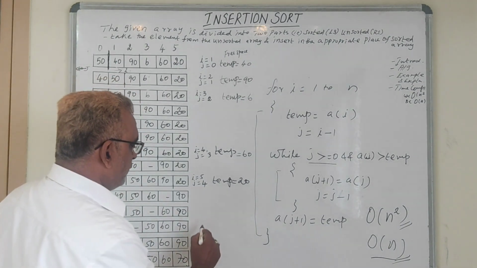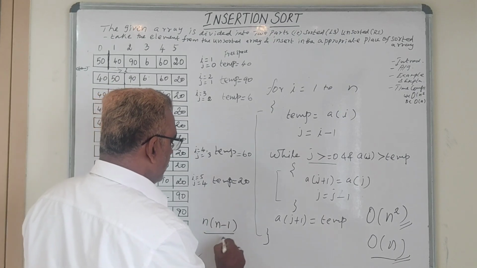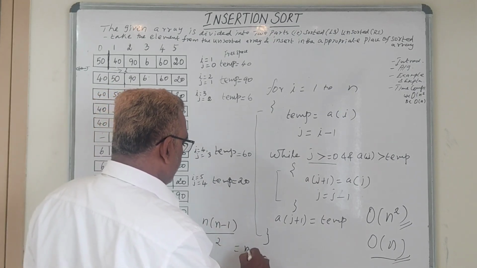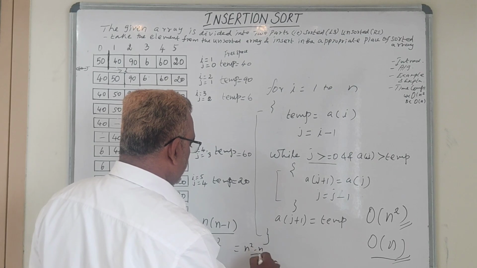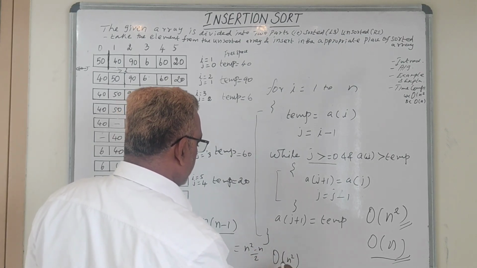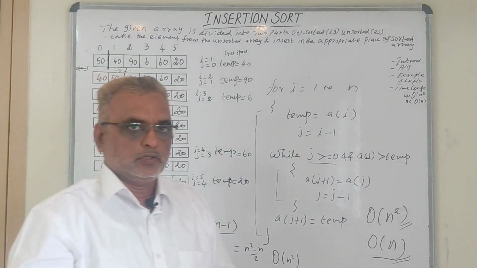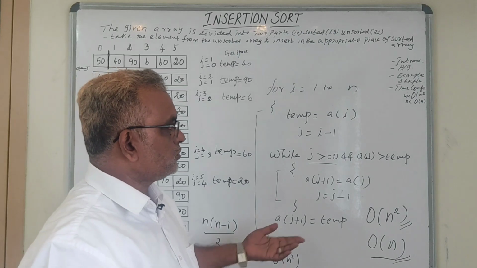The formula comes like this: n into n minus 1 by 2, which is n square minus n by 2, so it is nothing but order of n square. I hope you understood the concept.